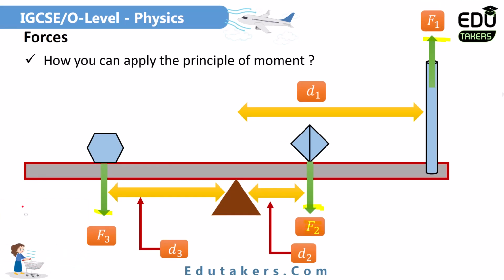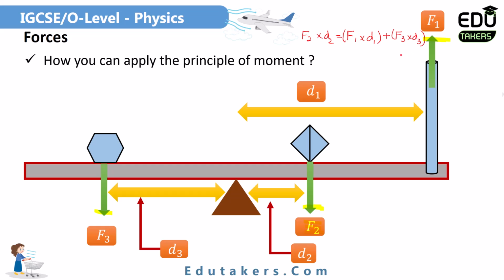Then when you have to apply the principle of the moment, you just write: clockwise moment is equal to anti-clockwise moment. The clockwise moment is F2 multiplied by d2, the product of the force and perpendicular distance. It would be equal to the sum of the anti-clockwise moments, which is F1 multiplied by d1 for the force F1, plus the moment caused by the other force, which is F3 multiplied by d3.